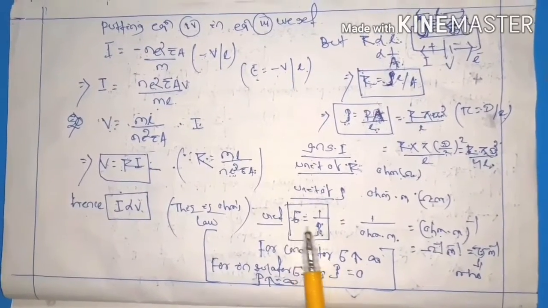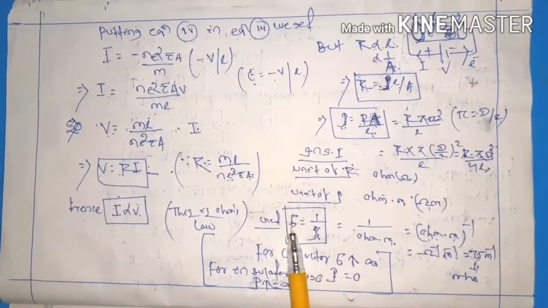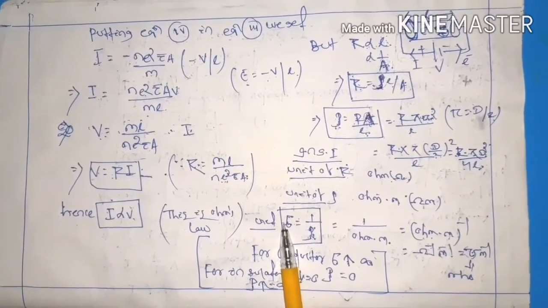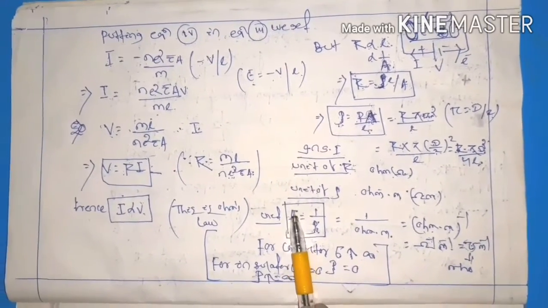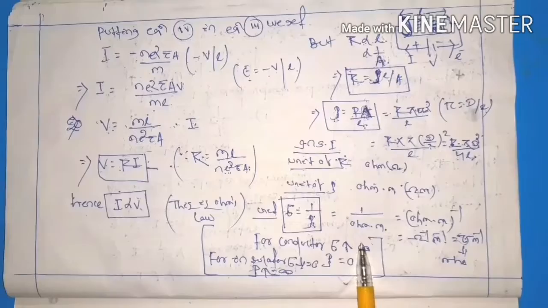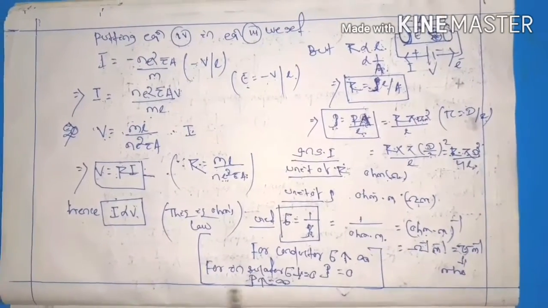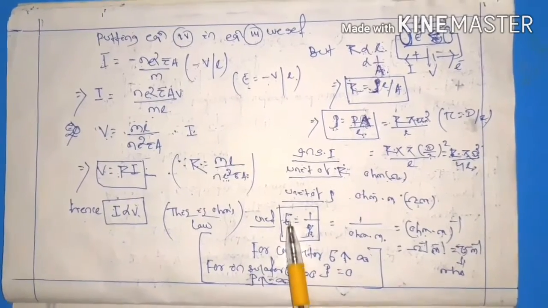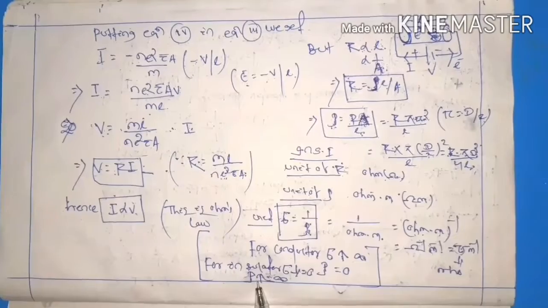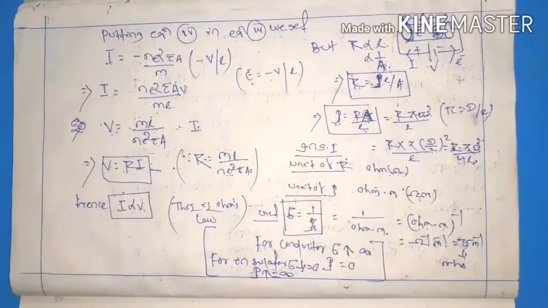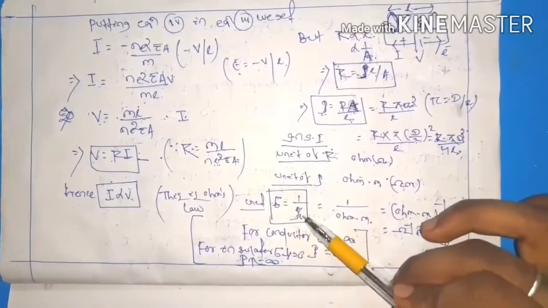Conductivity and resistivity are reciprocal to each other. For a conductor, which conducts current easily, its conduction capacity or conductivity is maximum, that is infinity, so its resistivity is equal to 0. But for an insulator, conductivity is low or 0, which means its resistivity is high. So finally, resistivity and conductivity are reciprocal to each other.